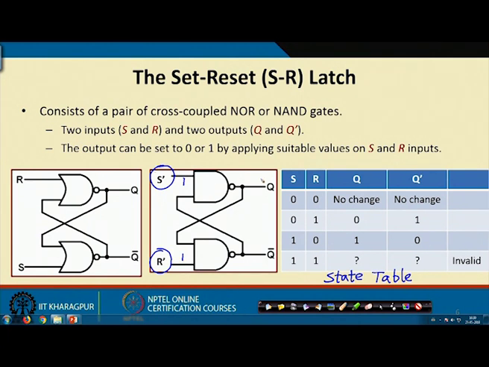For a NAND gate, let us say the output was 0, this was 1. So, 0 and 1 for a NAND gate, output will remain as 1, and 1 and 1 output will remain as 0. So, same state, no change. Similarly, for 1 and 0. So, if I apply S 0 R 0, there will be no change, right.